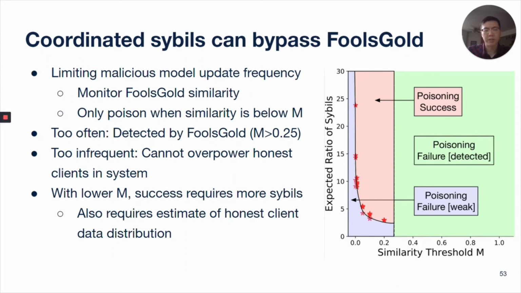However, this requires the cost of creating additional sybils, understanding of FoolsGold's parameterization, and some estimate of the honest client data distribution in the system. This is a very strong attacker that is able to defeat FoolsGold if they have this knowledge.